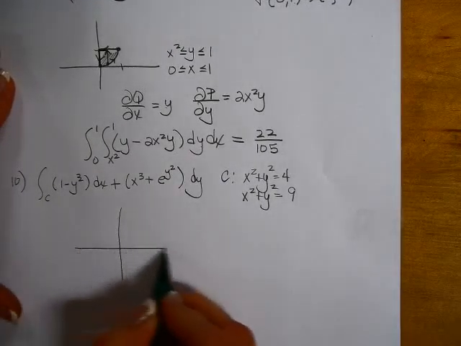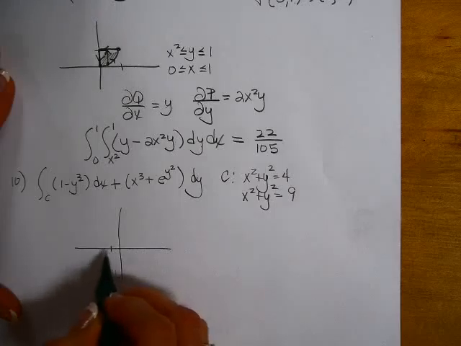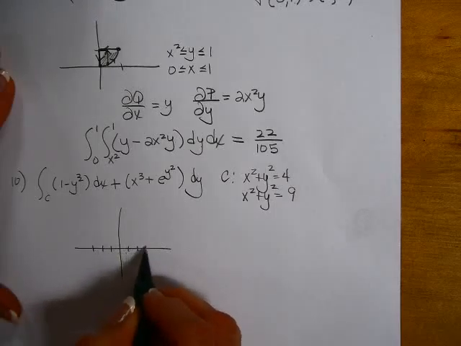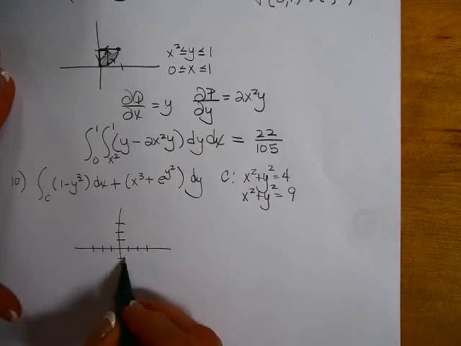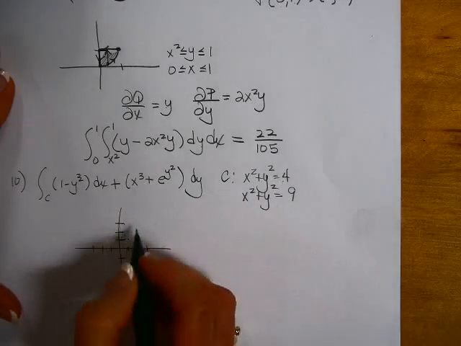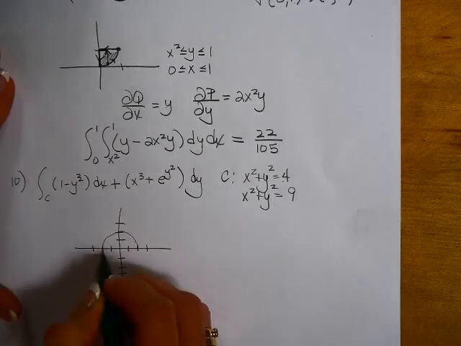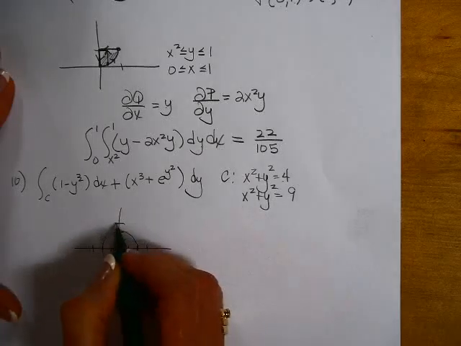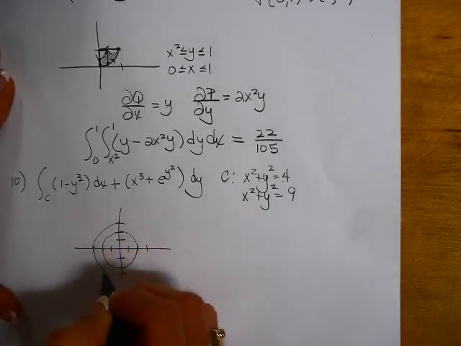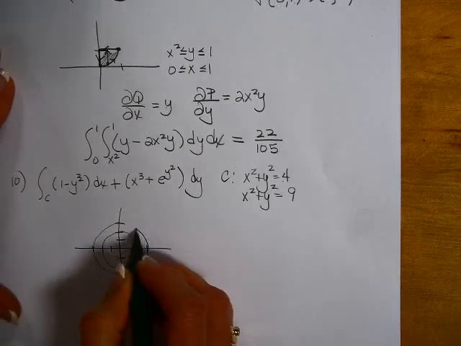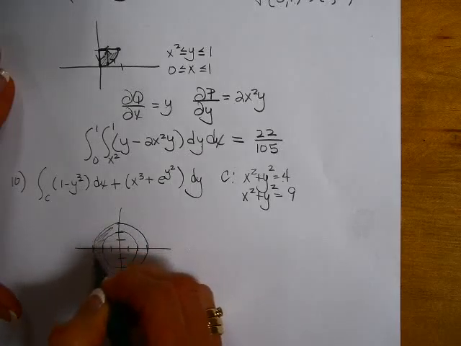So your region is between two circles, a circle of radius 2 and a circle of radius 3. So this is your region right here.